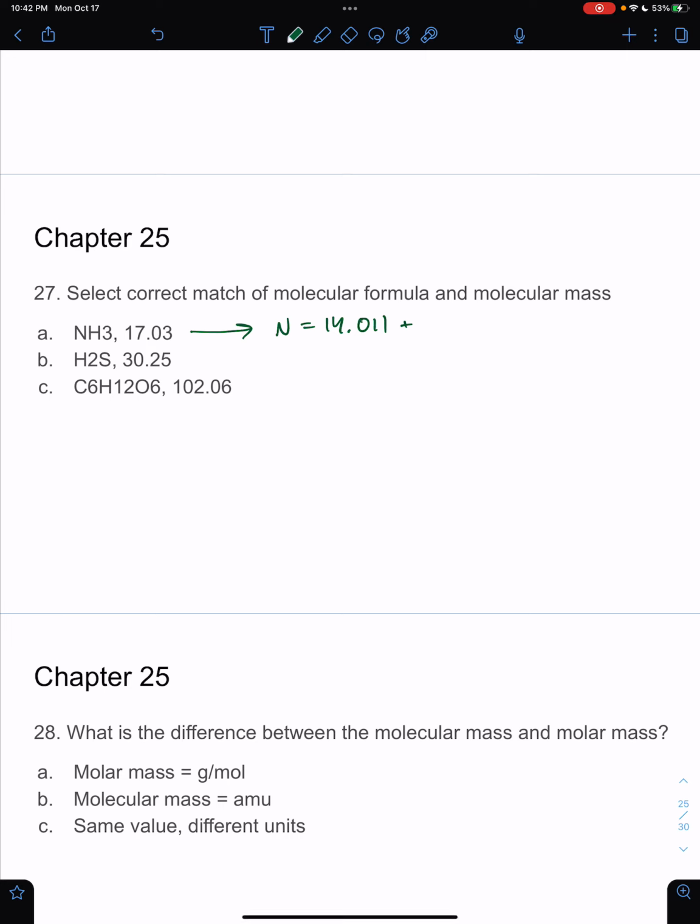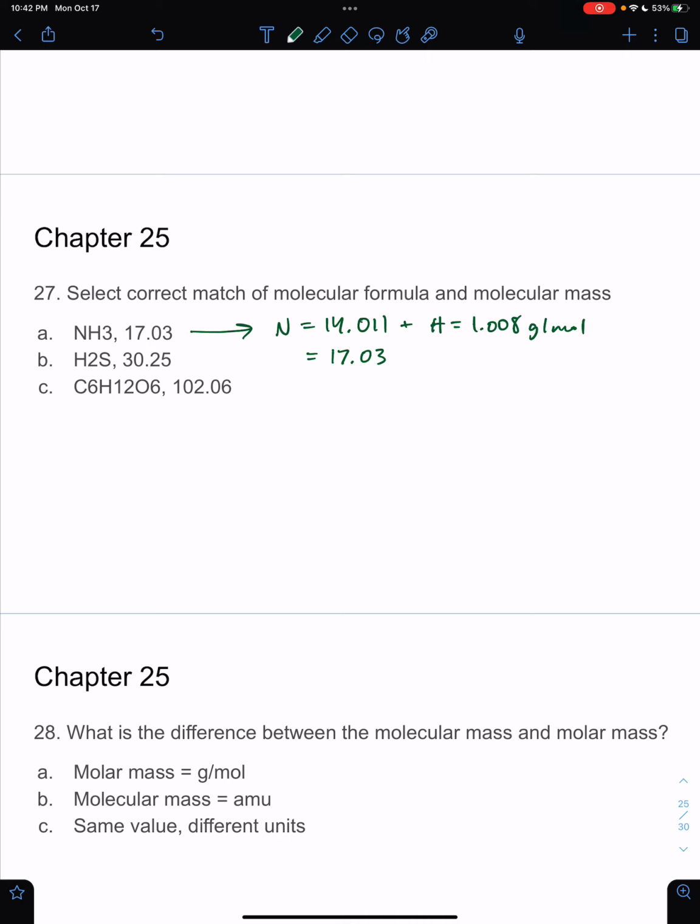Hydrogen has 1.008 grams per mole. So if you add those up, it's close. I think I rounded, but if you add them up, it comes out to be 17 point something.